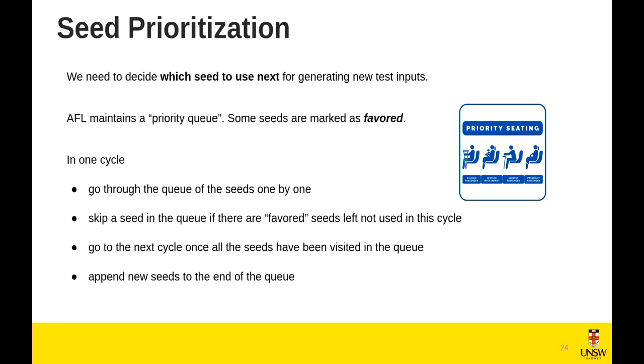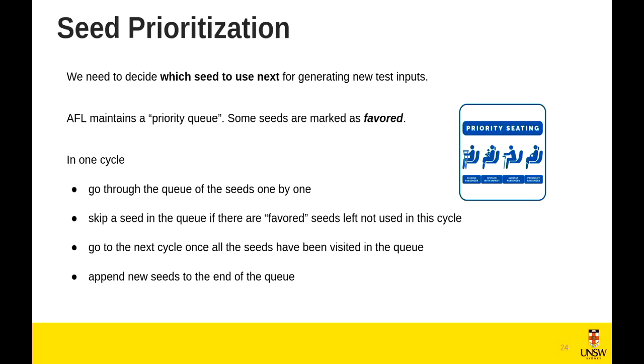Then AFL will go to the next cycle once all the seeds in the current queue have been visited. Whenever a new seed is discovered, it is appended to the end of the queue. So this is roughly how this priority queue works.